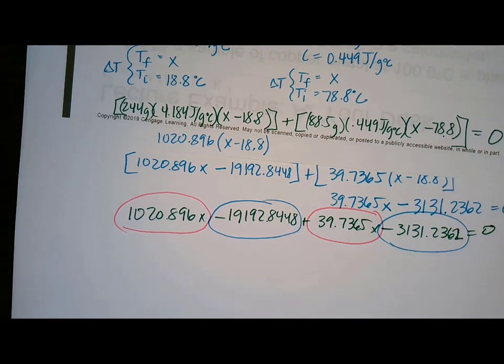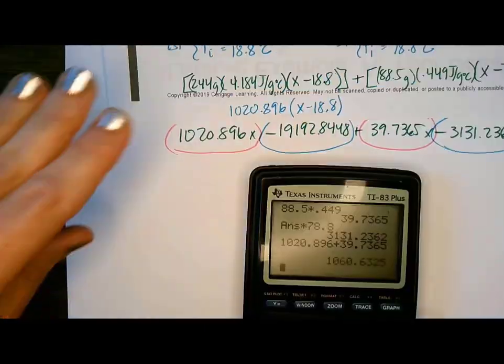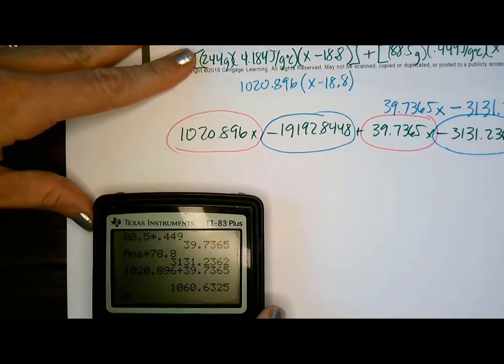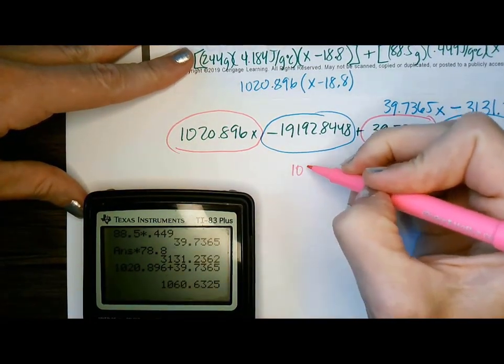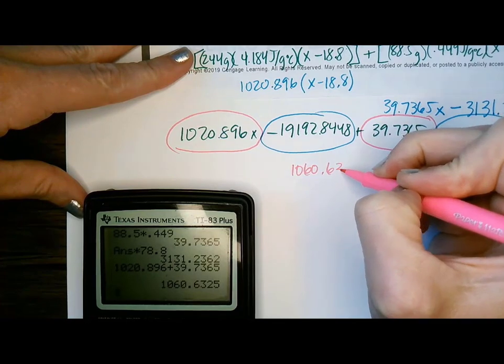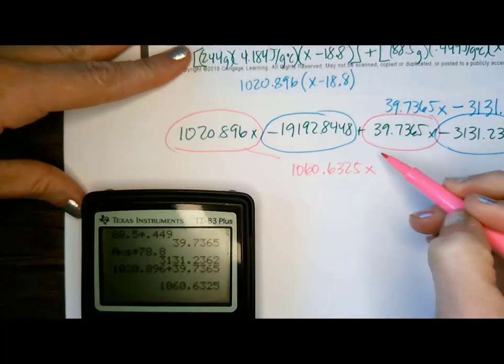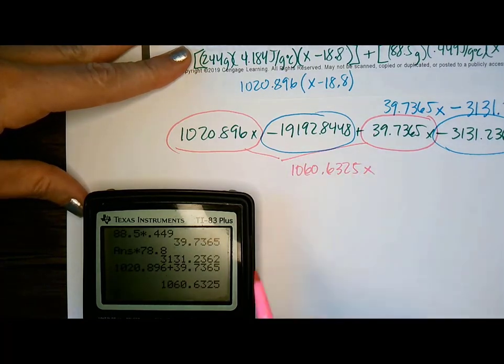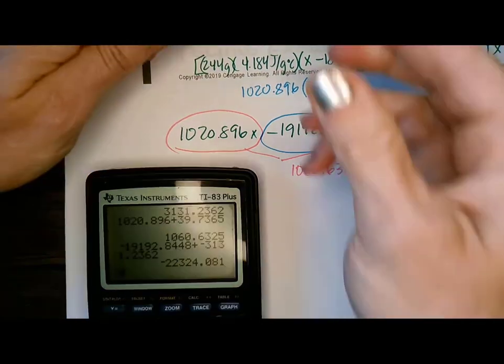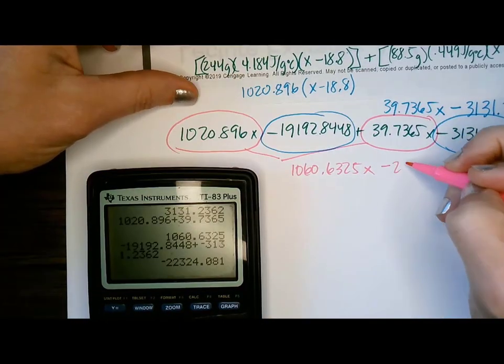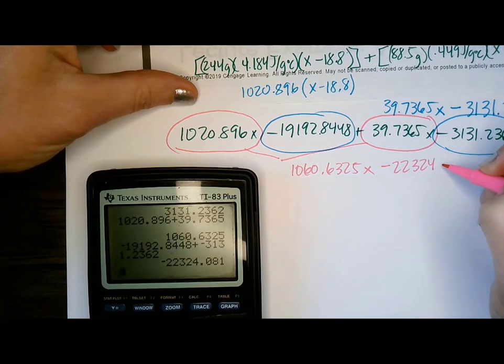Let's combine those. I'm going to combine my X's first. Okay, that's my X's combined. Now let's combine my numbers. Minus 22324.081 is equal to 0.